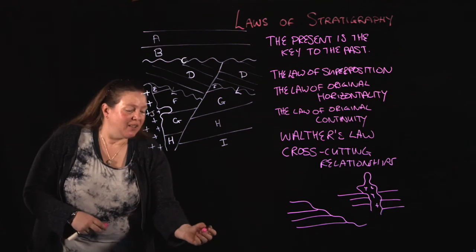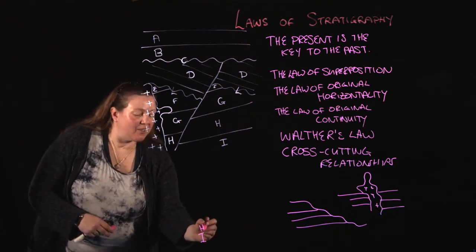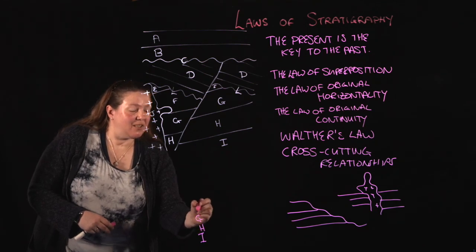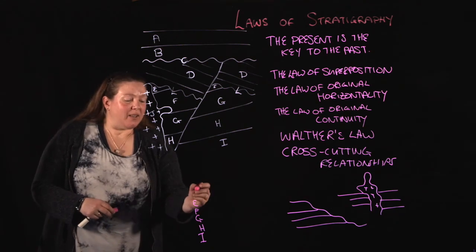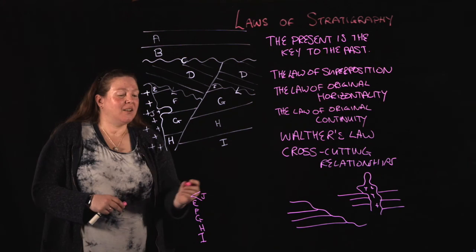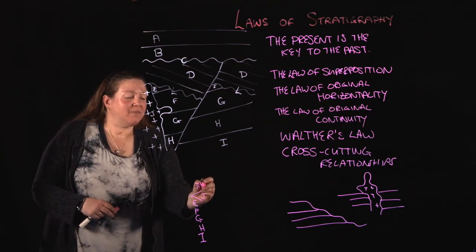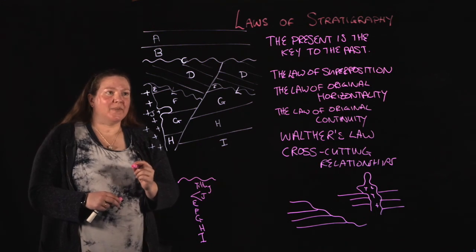The oldest unit is I, and then we have deposition of H and G and F and E. And then we have this intrusion of the unit J into that succession. We also have some tilting, and we have our erosive unconformity.